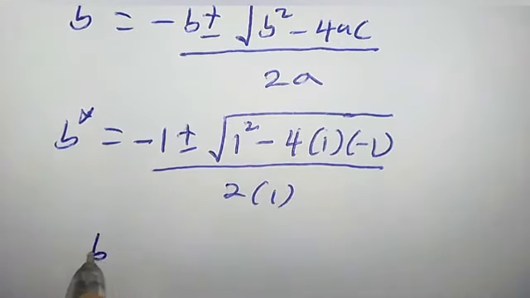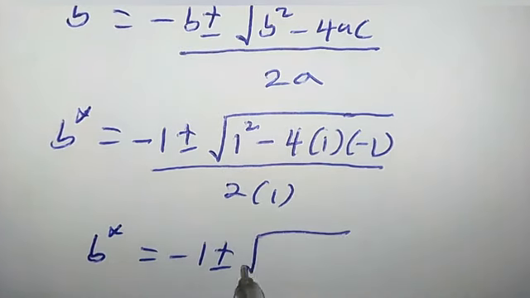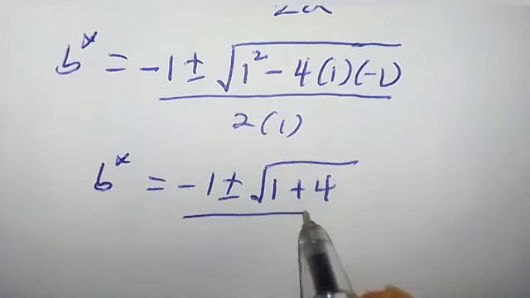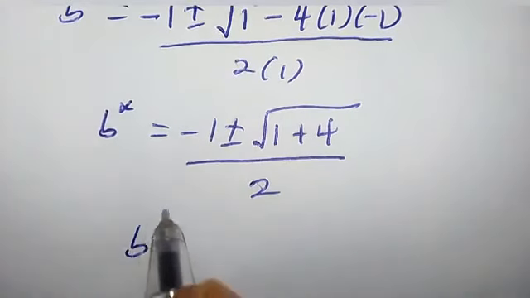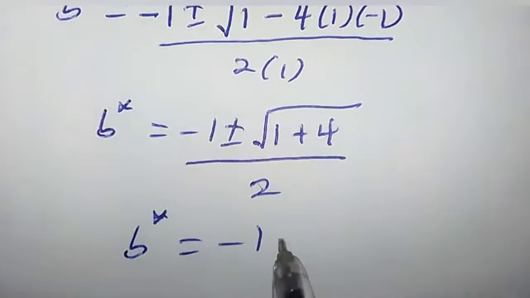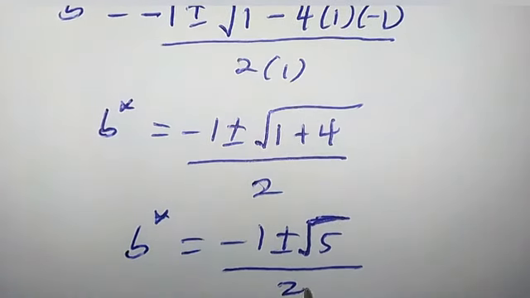So B star is equal to -1 plus or minus square root of 1 to the power of 2, that is 1, minus 4 times 1 times -1, that is plus 4, all over 2 times 1 is 2. So B star is equal to -1 plus or minus square root of 5 all over 2.